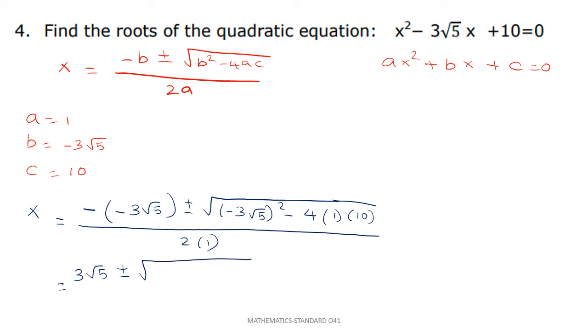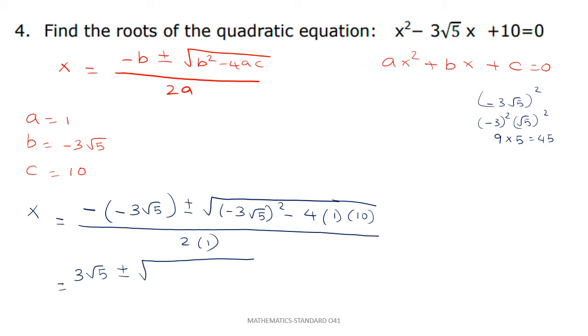Now inside the root, minus 3 root 5 whole square is what? Okay, I will write only that part separately. So we can write like this, minus 3 square root 5 square. So minus 3 square will give you plus 9, root 5 square will give you 5. So 45.